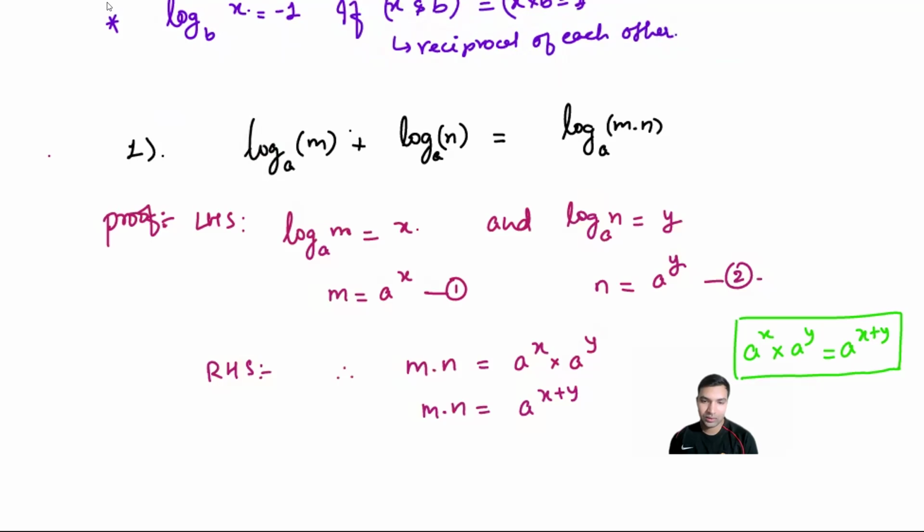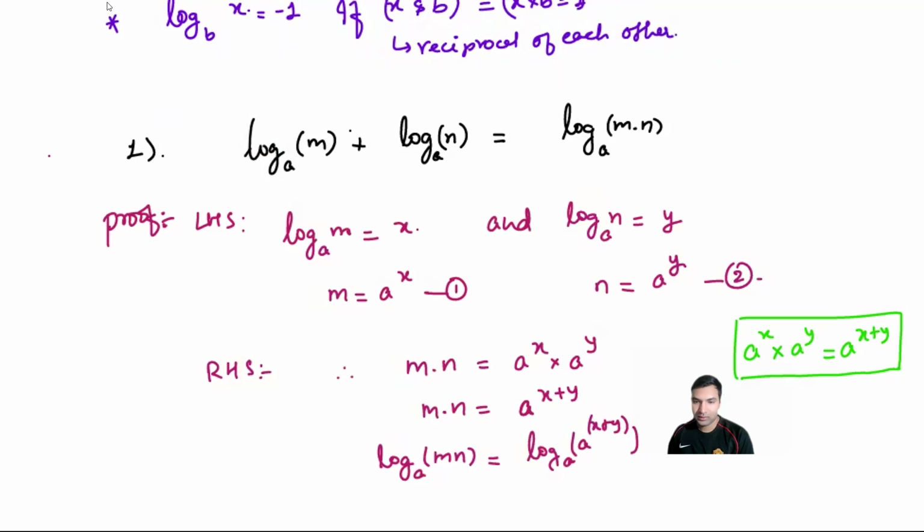Now you take log both the sides with the same base a. So both sides I'm taking log to the base a, giving log of a to the power x plus y.